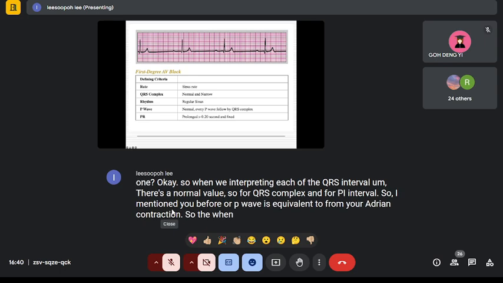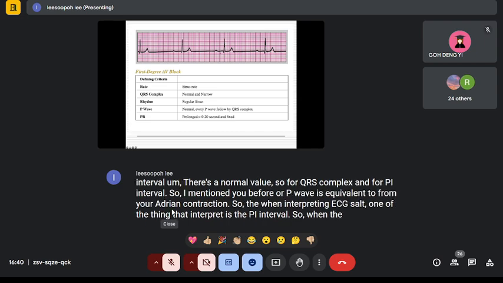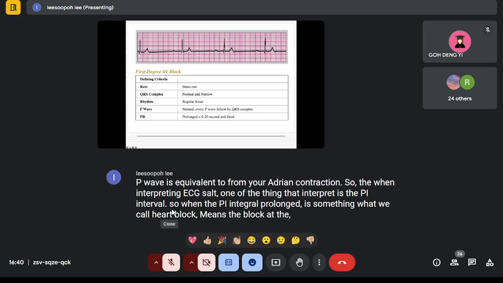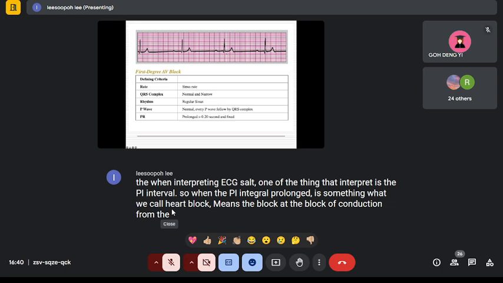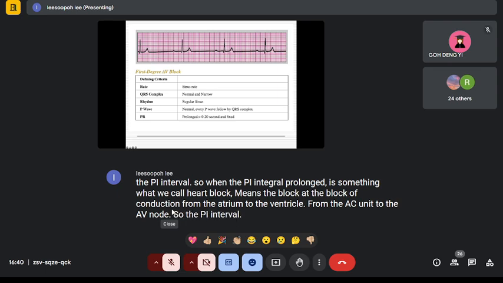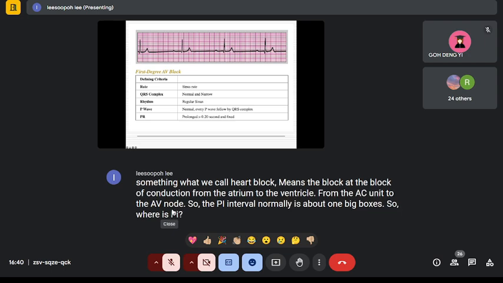So when interpreting ECG, some of the block is something we call heart block, meaning the block of conduction from the atrium to the ventricle, from the SA node to the AV node. The PR interval is normally about 1 big box. So where is the PR interval? This is P, this is R.